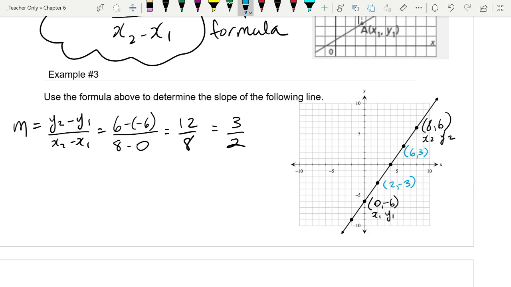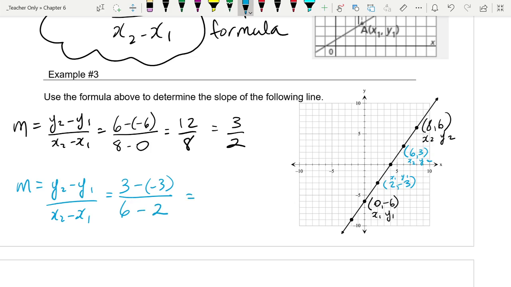And this will be my x1, y1, and this will be my x2, y2 this time. So let's use the same formula. y2 minus y1 over x2 minus x1. Only let's use the other 2 points. So now my y2 is 3. My y1 is -3, so minus -3. And x2 is 6. And x1 is 2.